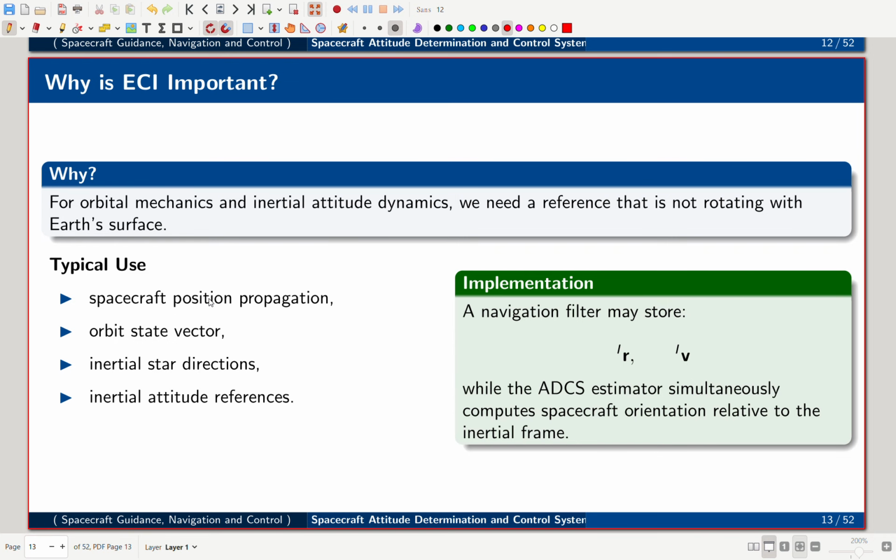And why is ECI important? Because of orbital mechanics, which we will understand in an upcoming lecture, like orbital mechanics and inertial attitude dynamics. We need a reference that is not rotating with the Earth's surface.